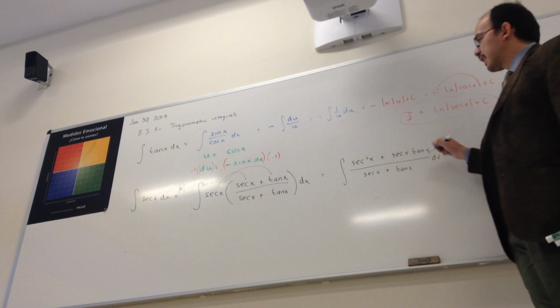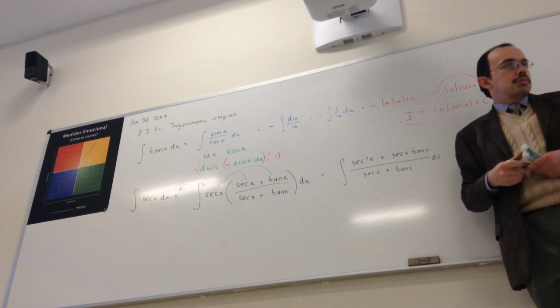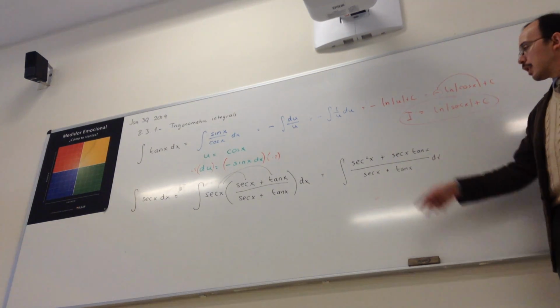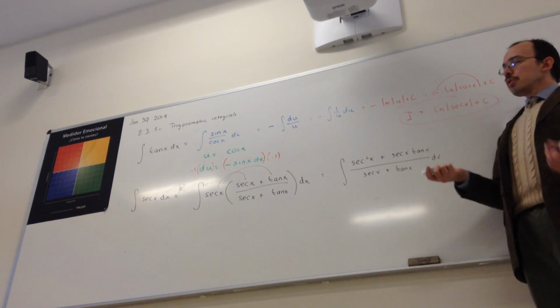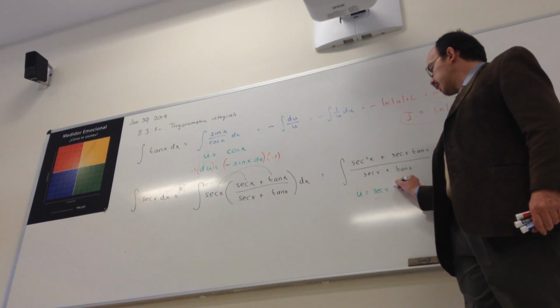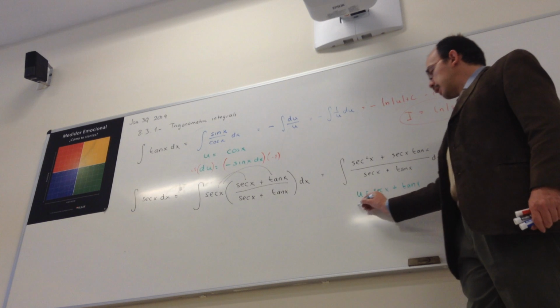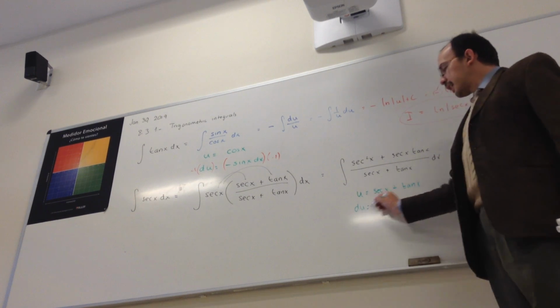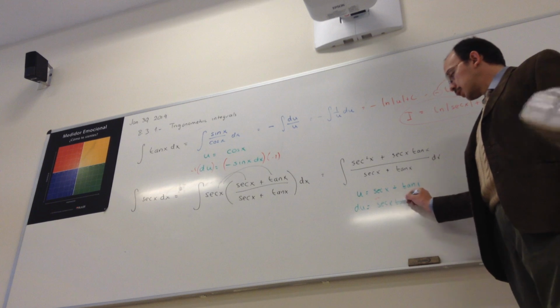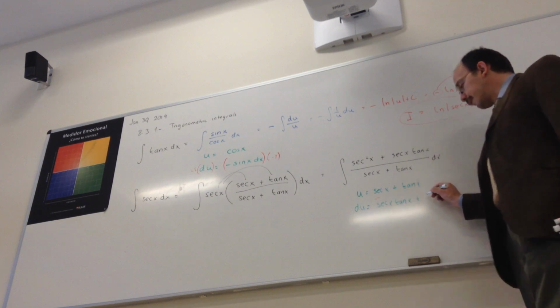Si me preguntan por qué secante más tangente, pues porque se puede. Esa es la demostración, pues, así es como se hace. This one, could it be done with substitution? Yeah. U is secant plus tangent. U is secant, derivative, tangent derivative.